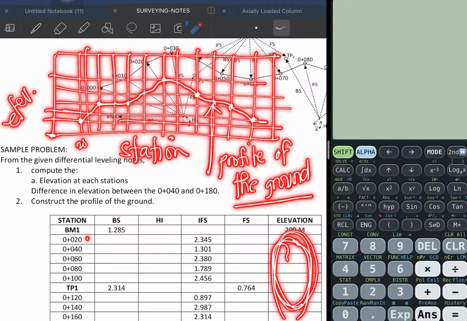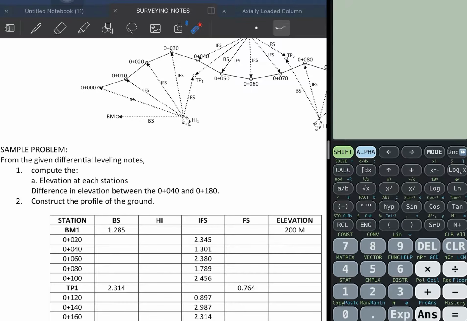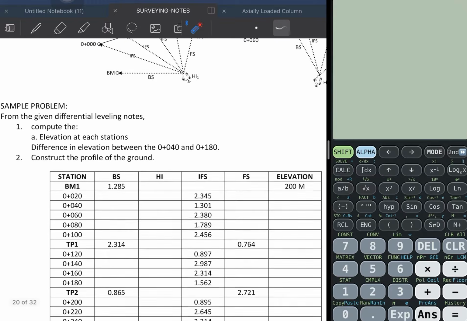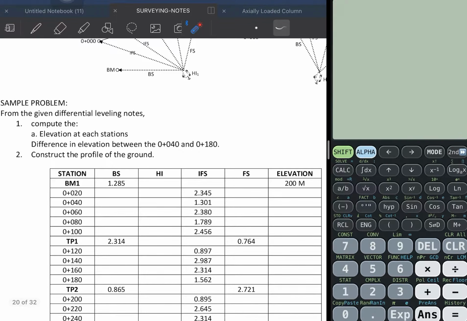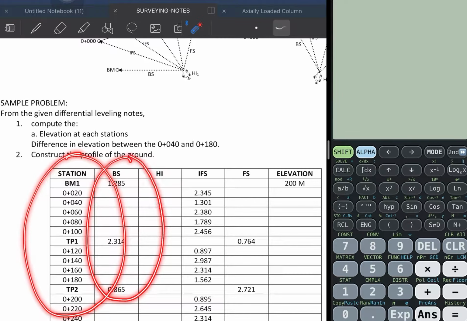So that's how to construct the profile of the ground based on your tabulated data. You have the elevation and the station. But before that, let's have the computation. You are given the stationing and the backsight.